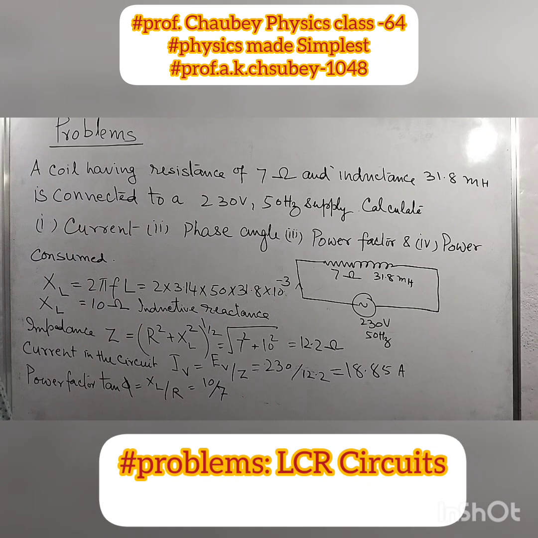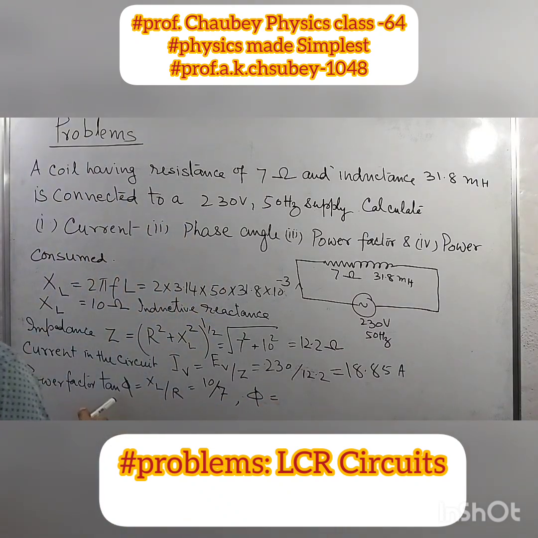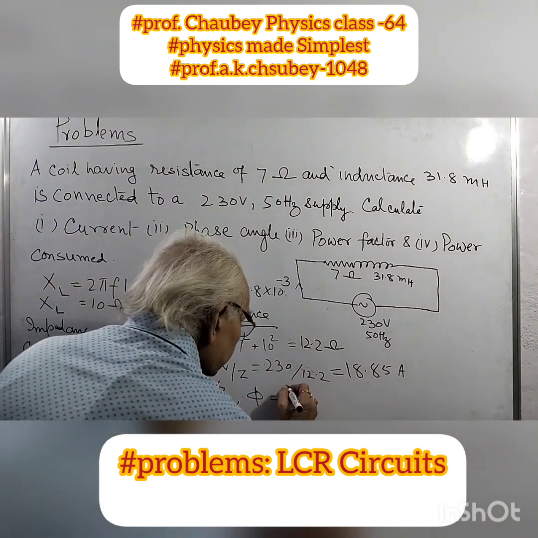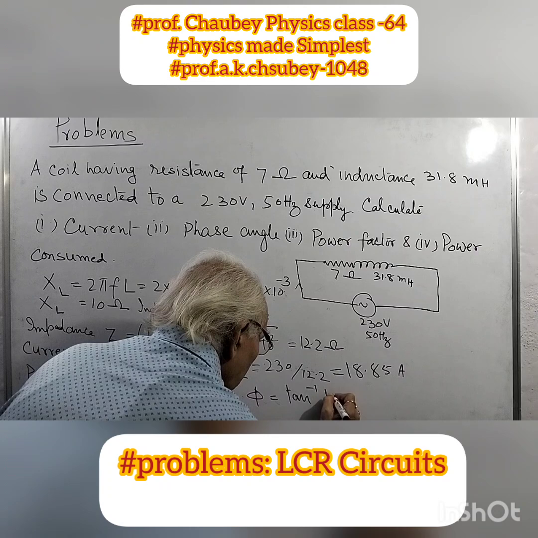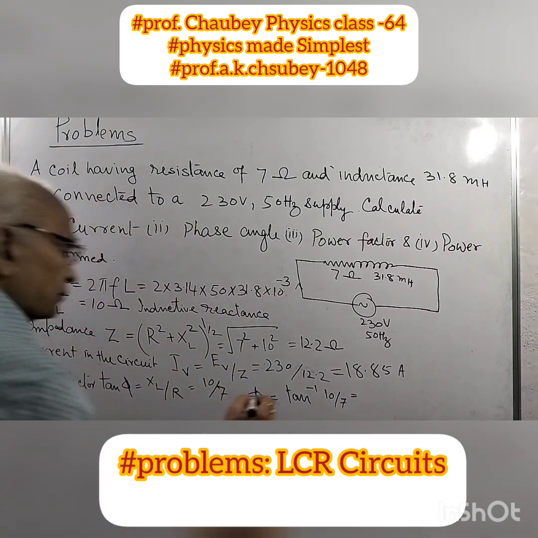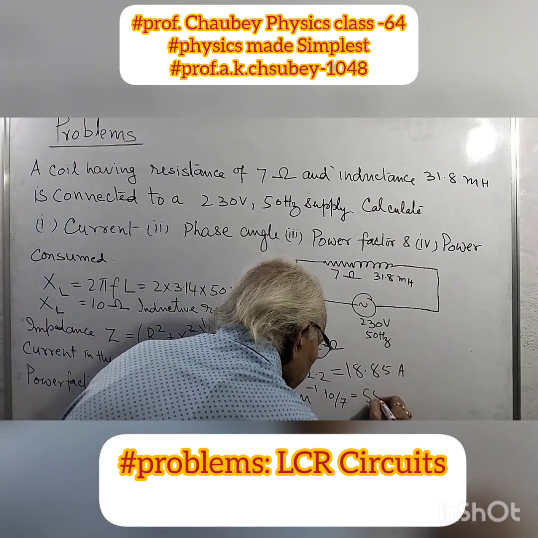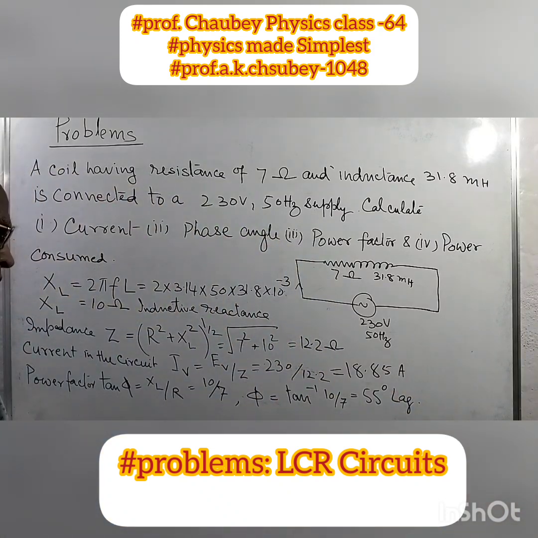So phi will be tangent inverse of 10 by 7. You can use the table, and it is 55 degree lagging, or lag behind.